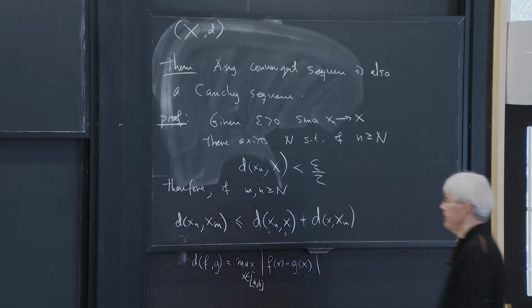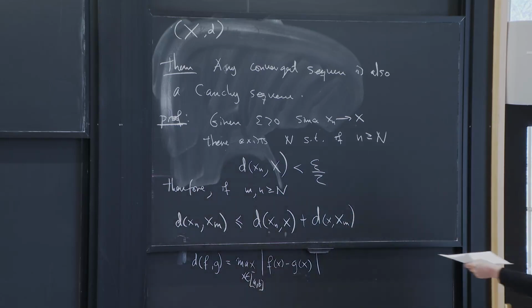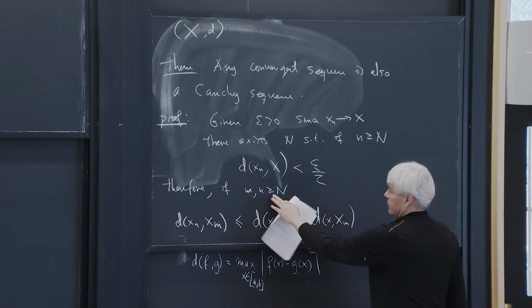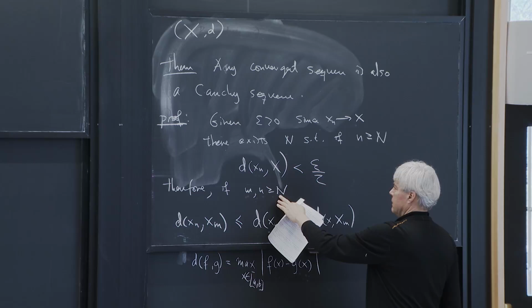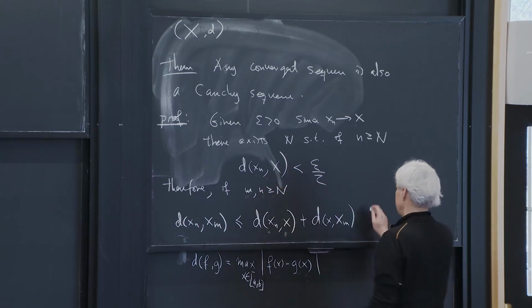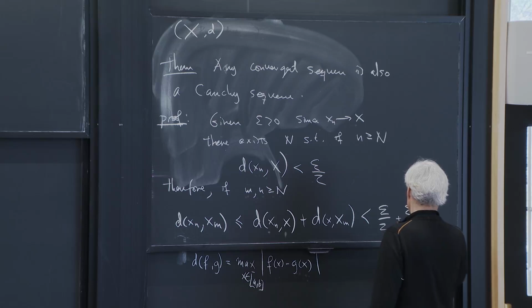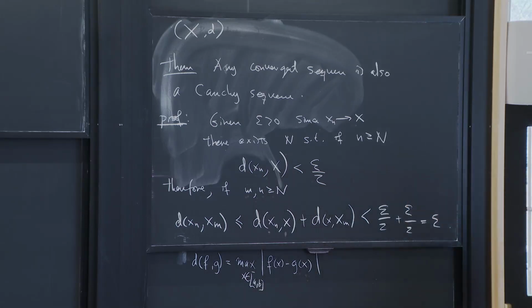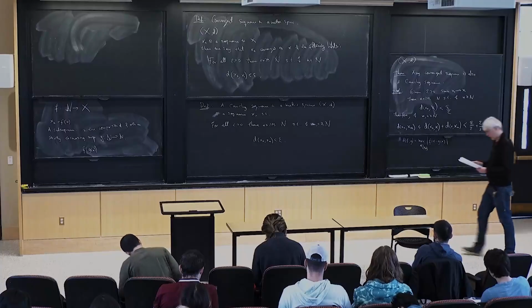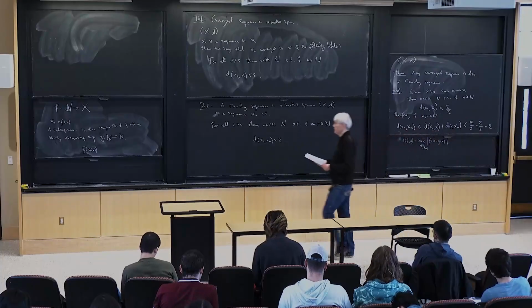But because both little n and little m are bigger than capital N, both of these distances are bounded by epsilon over 2. And so you see that this is smaller than epsilon, right? So this proved that in a metric space, any convergent sequence is also a Cauchy sequence.